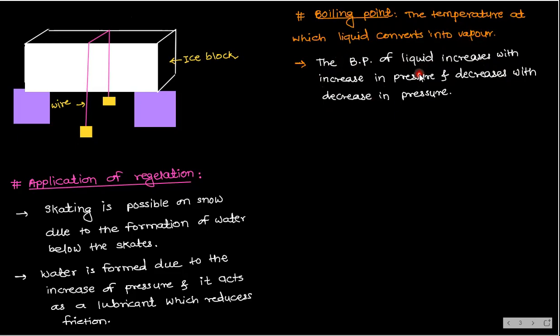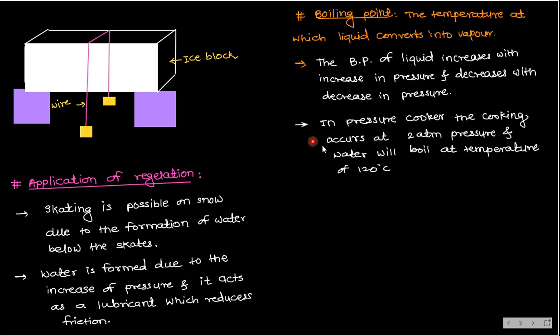So see, in a pressure cooker, the cooking occurs at 2 atmospheric pressure, and water will boil at a temperature of 120 degrees Celsius. Actually, if pressure is less, water will boil at 100 degrees Celsius only. But in a pressure cooker, as pressure is more, water boils at 120 degrees Celsius, and that's why food cooks easily.